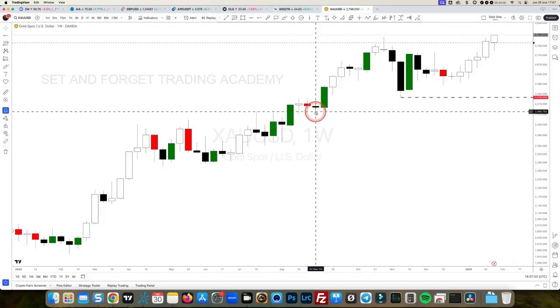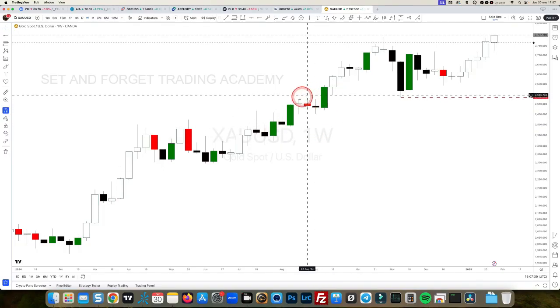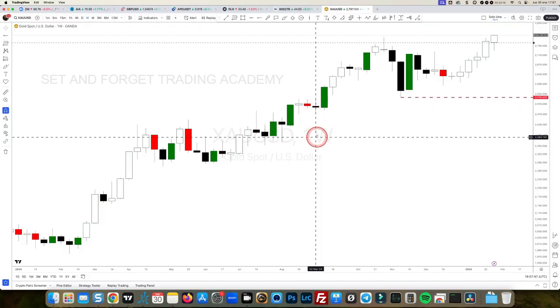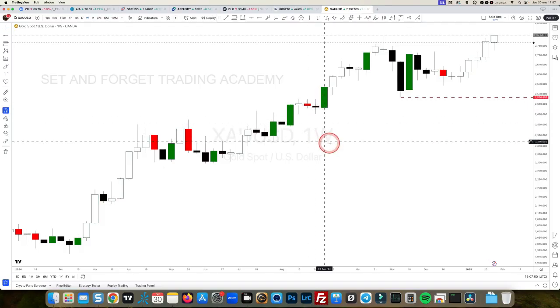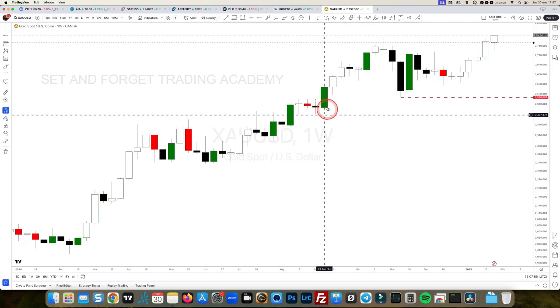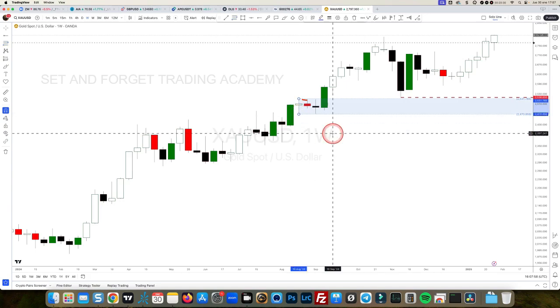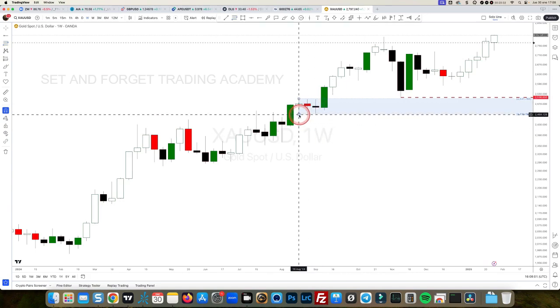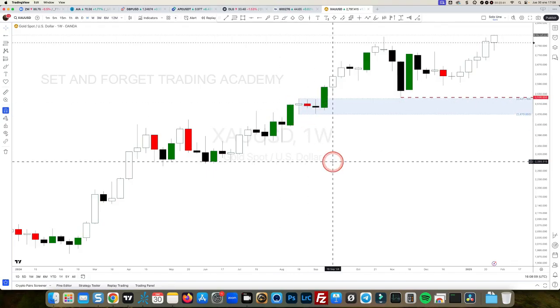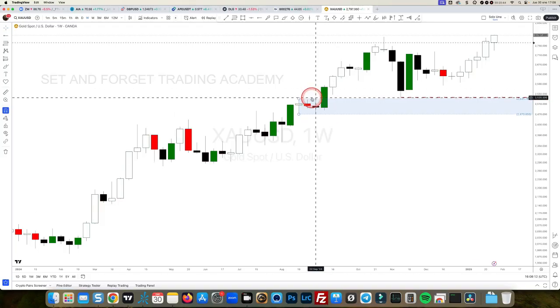And since it is made of 3 little spinning tops, 50% candles, rules, when you read the coding lesson on how to draw the imbalances, you will learn that when there is a single little tiny basing candle or a series of small tiny candles within the same range, you will draw the distal line at the lowest low and the proximal line at the highest high, including the wicks. Okay, that's how you would draw it. But it's a CP anyway.